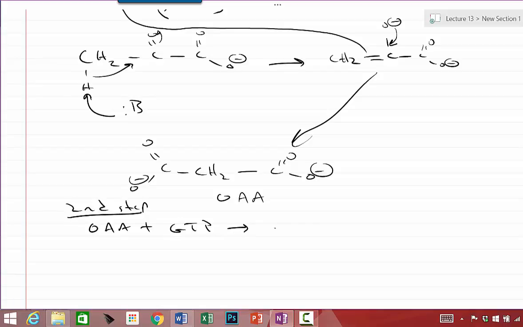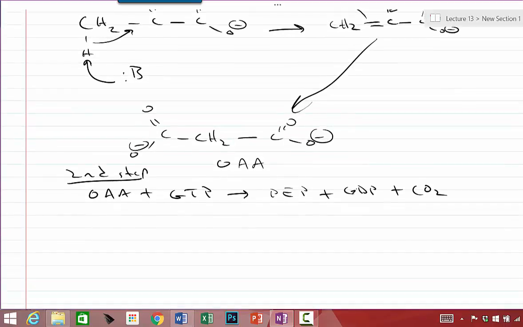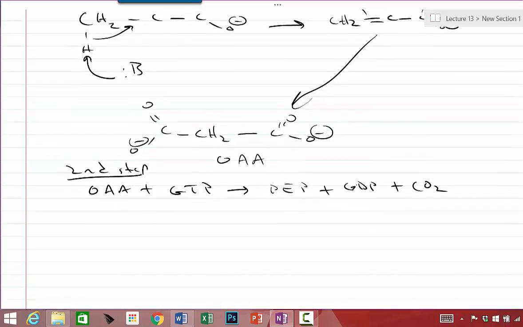And that's going to make phosphoenolpyruvate plus GDP plus CO2. Okay. How does that work? I'm going to just draw out GDP with a terminal phosphate here, so that's going to be actually GTP.